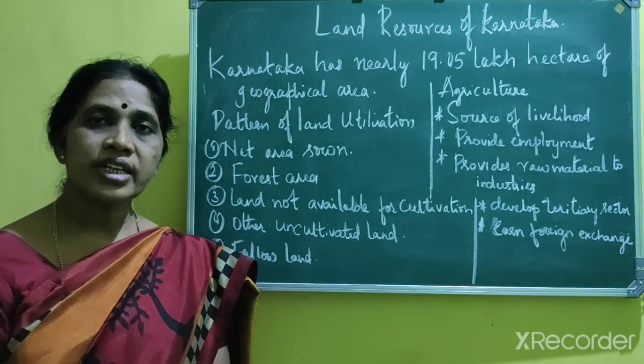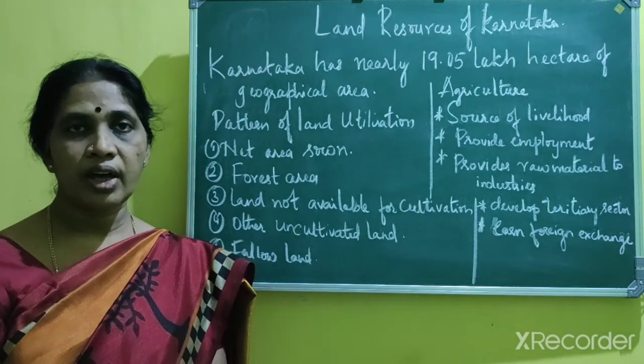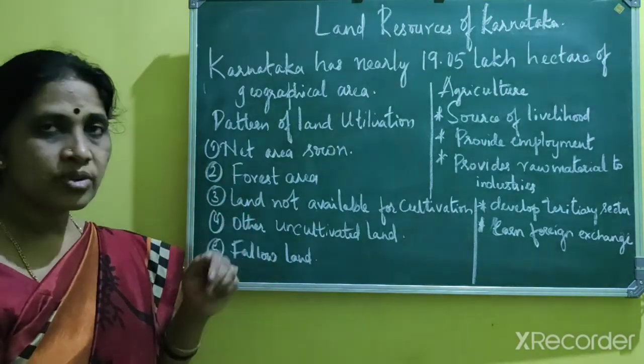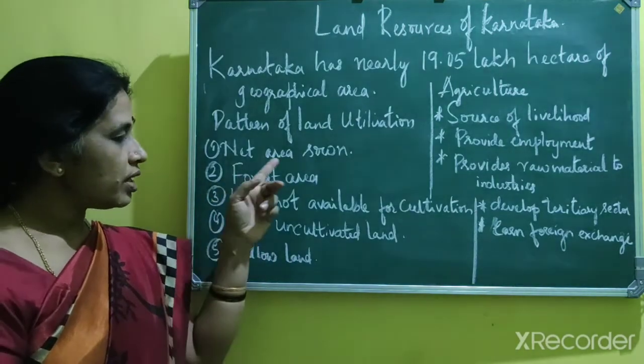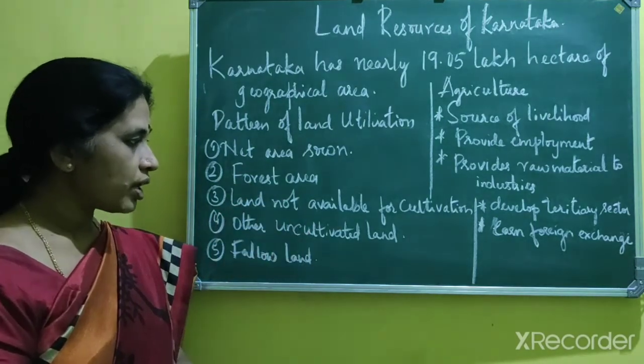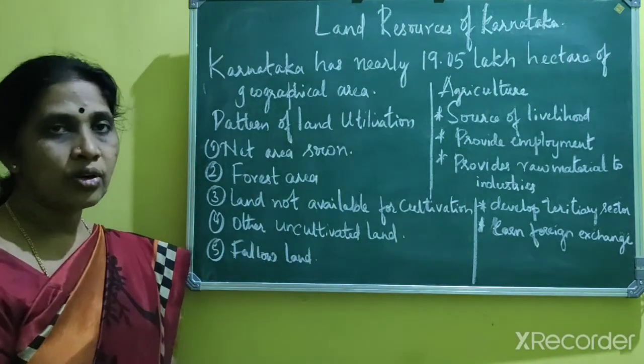Let us understand the different patterns of land that we have in Karnataka. We have five different types of land: net area sown, forest area, land not available for cultivation, other uncultivated land, and fallow land.